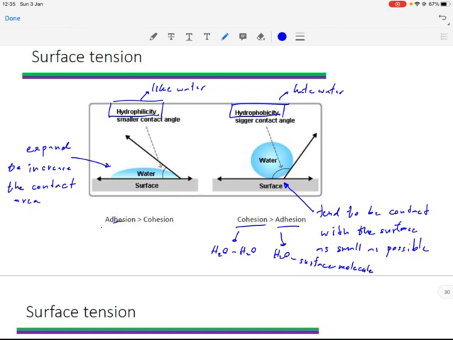It tries to expand because they love each other. I mean, water molecules and the surface molecules love each other and like to be in touch. Adhesion between water molecules and the surface molecules prefers to pack together, and the adhesion in this case dominates the cohesion. All right.